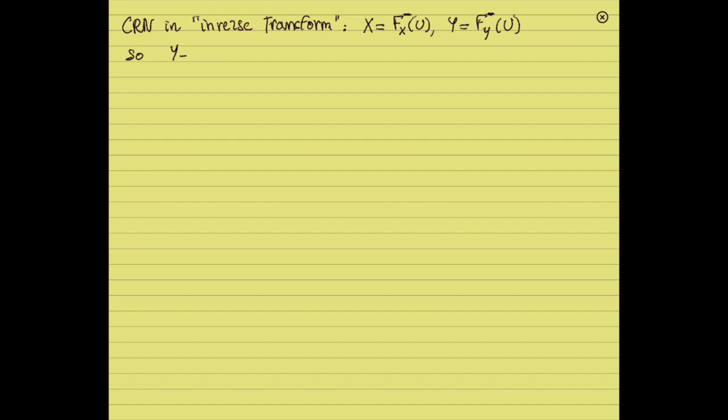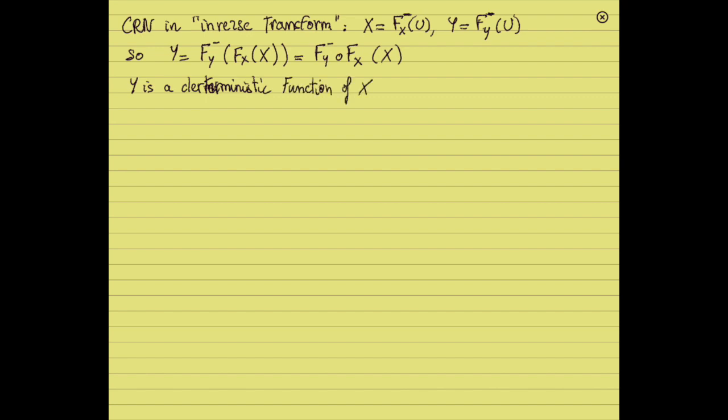And thus we can write y as a deterministic function of x as F_Y minus 1, so the inverse of the CDF of y, evaluated at the CDF of x evaluated at x. So it's the composition of two functions, an inverse CDF and a CDF evaluated at x. So under this coupling strategy, the variable y is obtained as a deterministic function of the variable x.